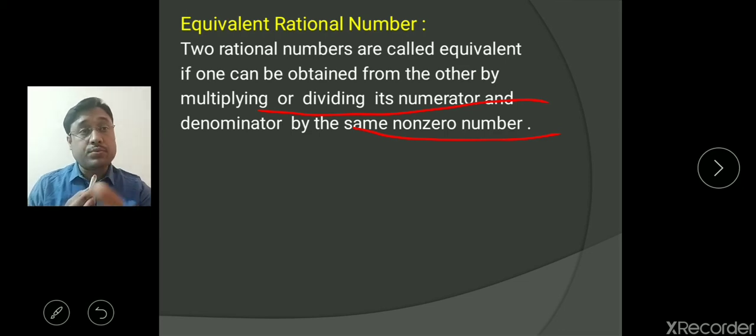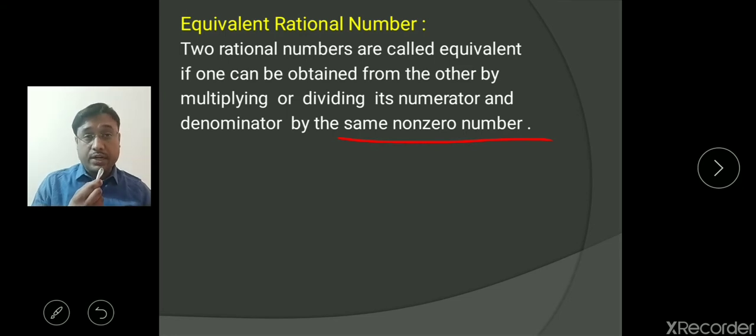Here you have to pay attention that the numerator and denominator should be multiplied by the same non-zero number. That number should not be 0, because if you multiply with 0, the numerator and denominator both will become 0 only, which is undefined.